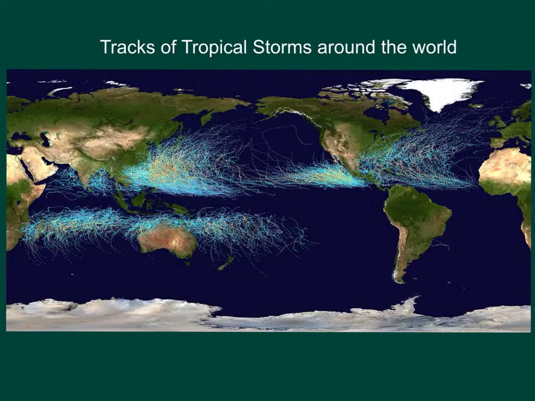There are two main factors to why hurricanes form and why they form in these areas. The first factor is the spin of the earth. As you can tell, most of these hurricane tracks or tropical storm tracks go in a distinctive manner.